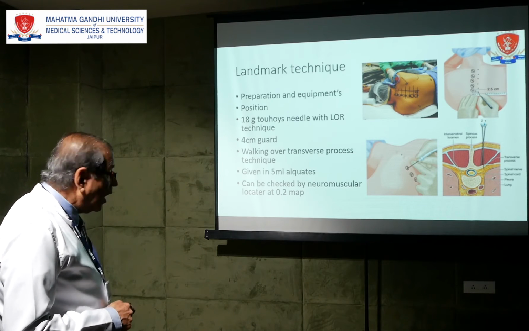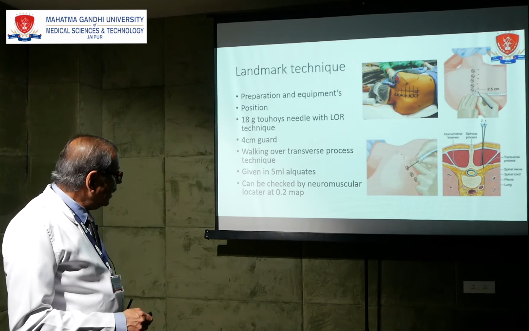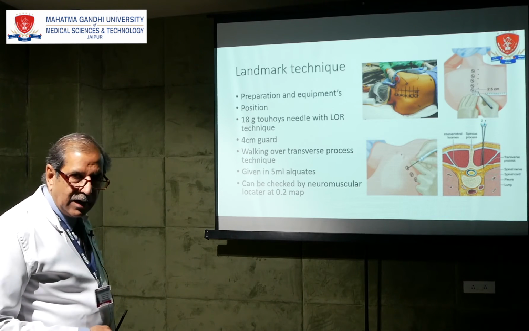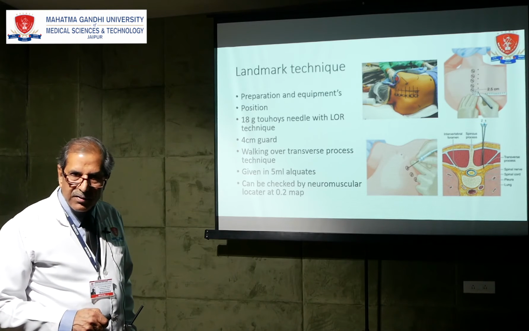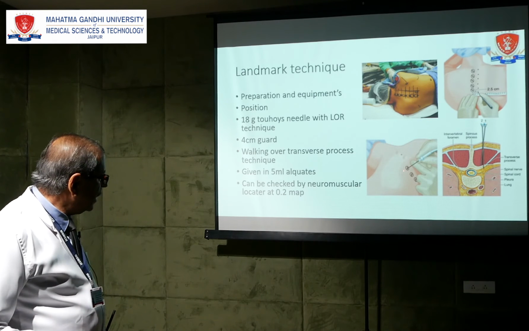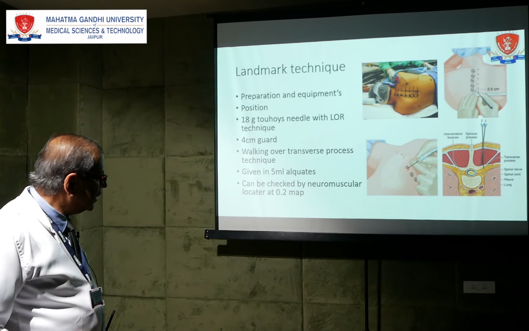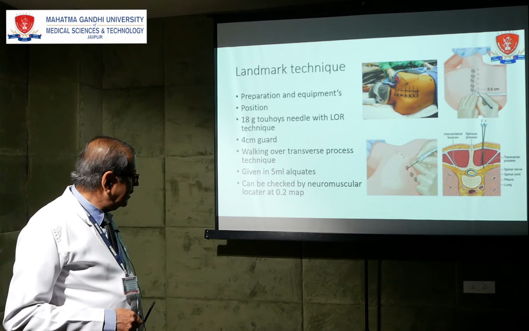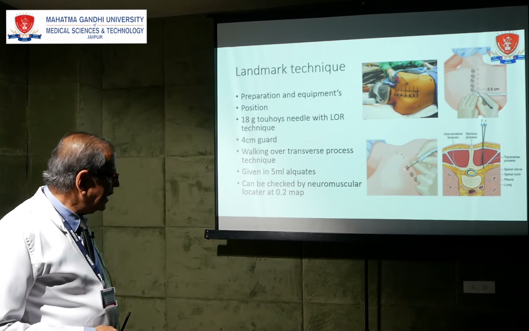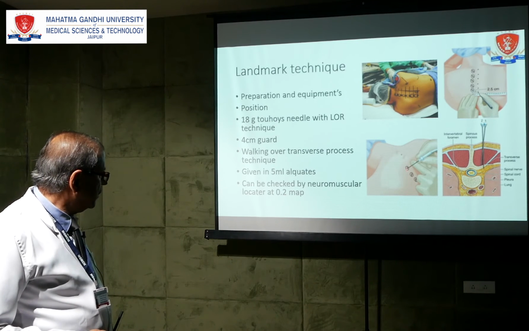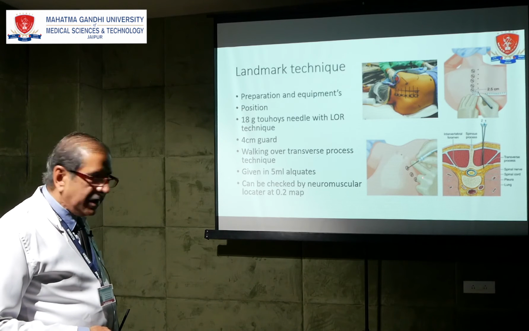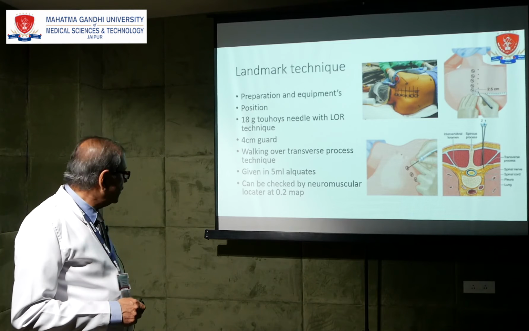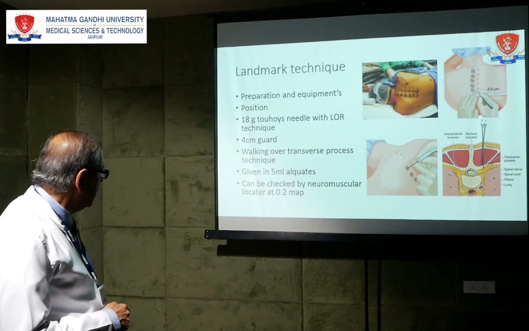Now, how much to go inside? This distance has been suggested for adults on the basis of cadaveric studies, and we have found that up to this distance, mostly when we go downwards at right angles in a tangential coronal plane, then we are likely to hit the transverse process or the lamina.